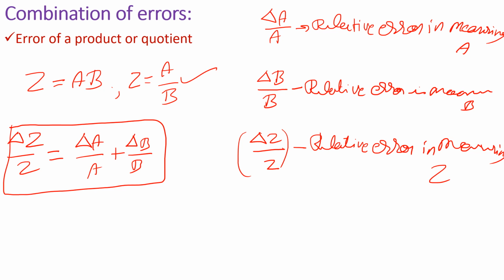Remember, there is a plus sign here, that is delta A by A plus delta B by B. That is nothing but the sum of the relative errors of the individually measured physical quantities. That is nothing but the error of a product or a quotient. In both cases it is the same. It will be the sum of the individually measured relative errors in the two physical quantities.